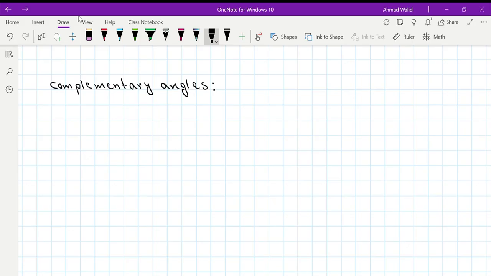The very easy definition, if I want to write it for you: if two angles add up to 90 degrees, correct?